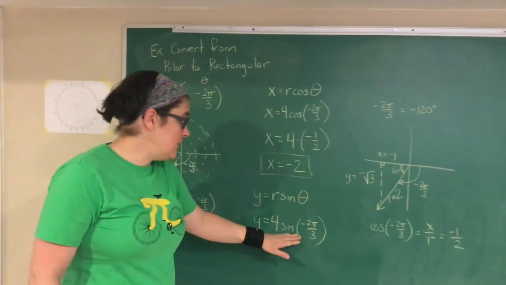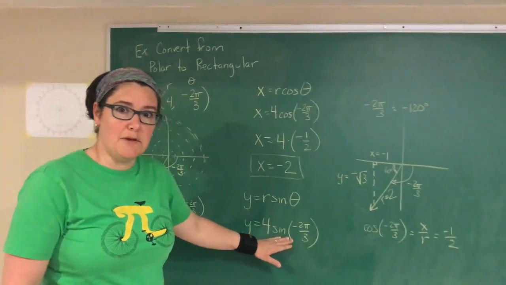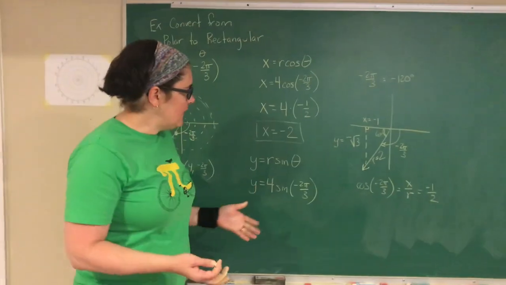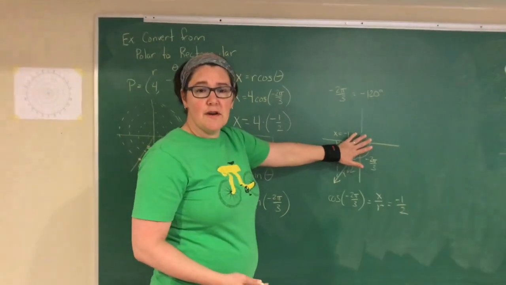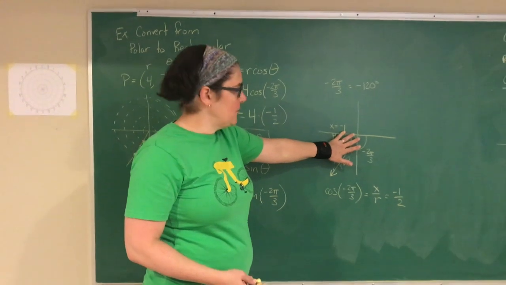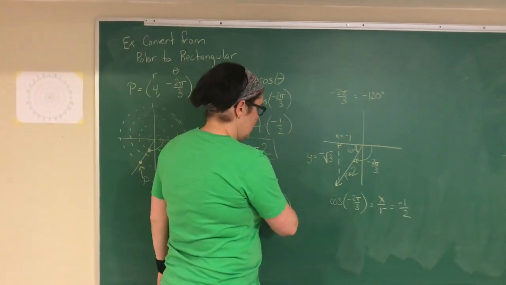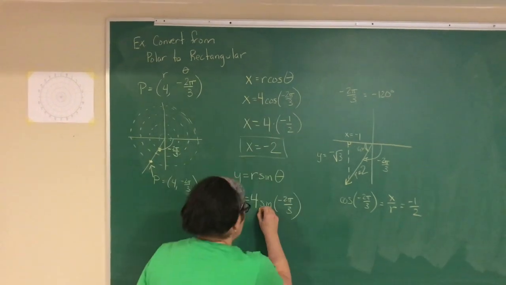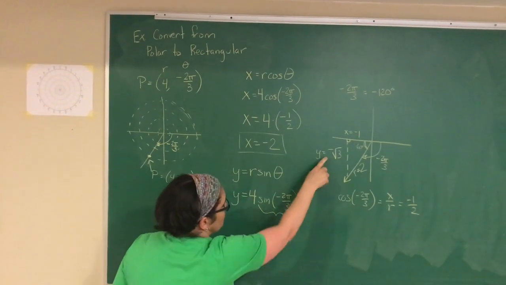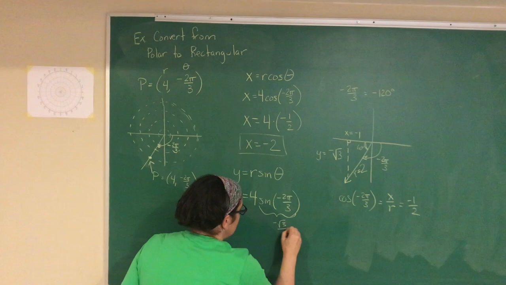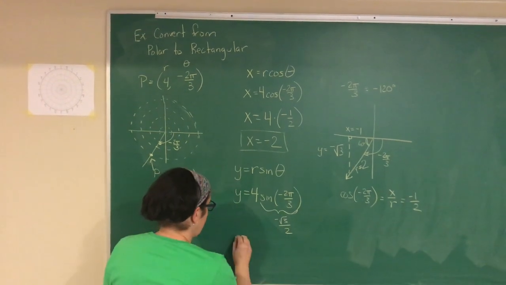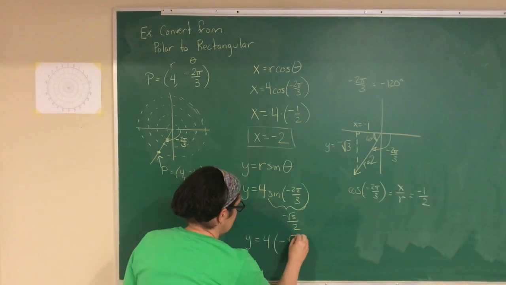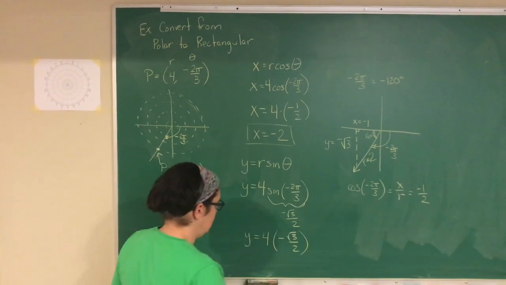So now I need to know the sine of negative 2 pi over 3, and I might have that memorized. If I don't, I have a picture of an angle of negative 2 pi over 3, and the sine will be y over r, which is negative root 3 over 2. So our y coordinate will be 4 times negative root 3 over 2.